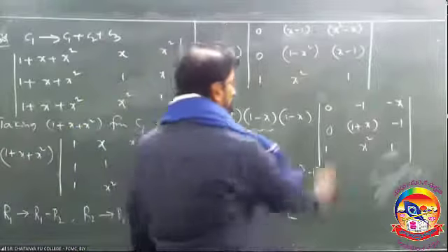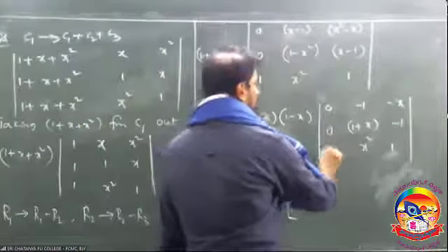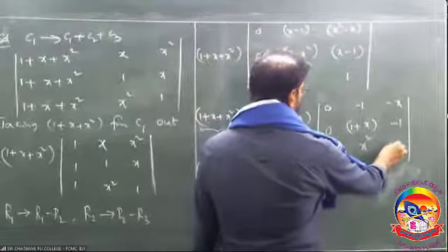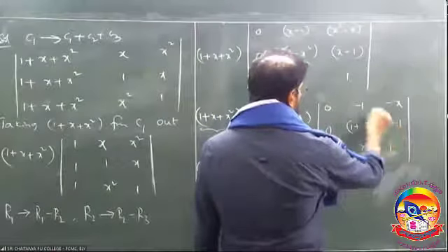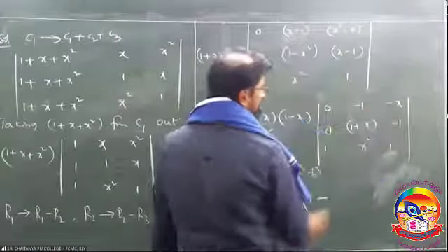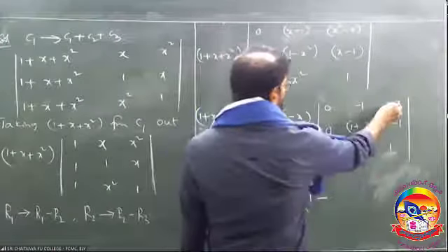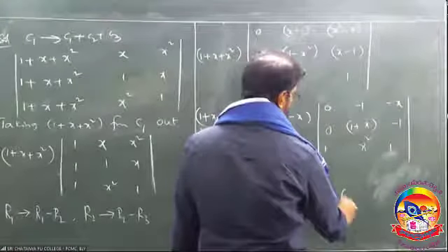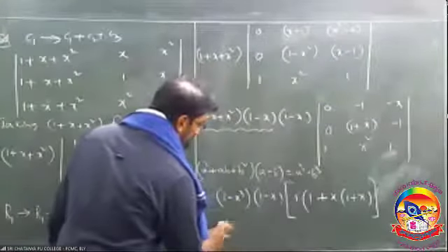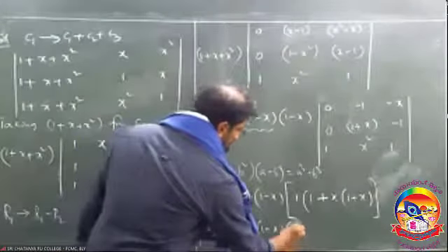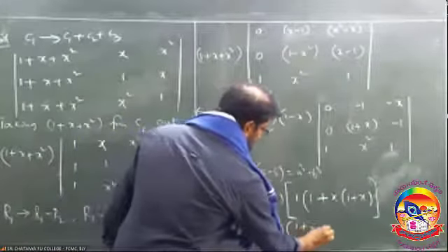So this element into this column, this row, gone. Minus 1 into minus 1, 1 minus of minus, it becomes x into 1 plus x. That means you are going to get 1 minus x cube into 1 minus x into 1 plus x square.